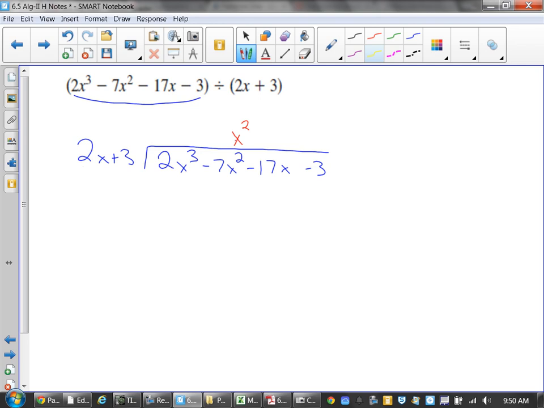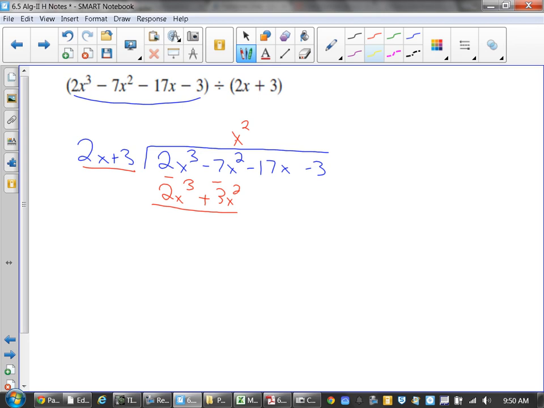Multiply both of these, and you get 2x cubed plus 3x squared. Do you agree? All I'm doing is just distributing them out. Subtract them both. What's 2x cubed minus 2x cubed? 0.